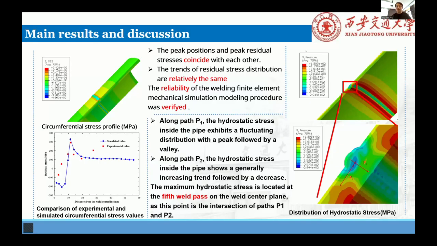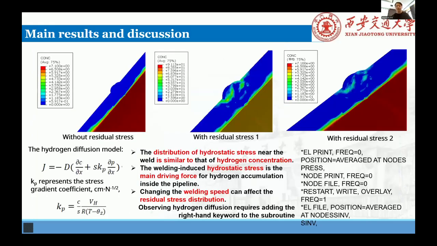The maximum hydrostatic stress is located at the fifth weld pass on the weld central plane, where paths P1 and P2 intersect. This region will be shown to be the main hydrogen enrichment zone.